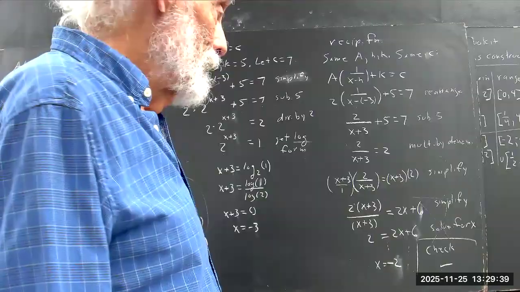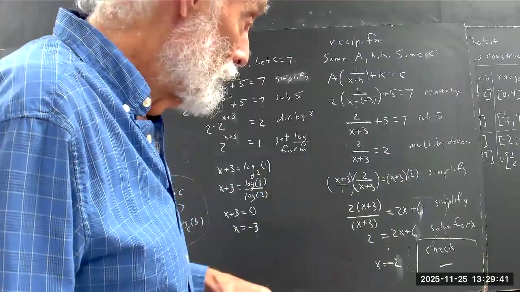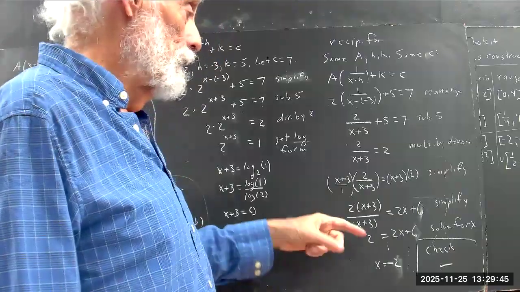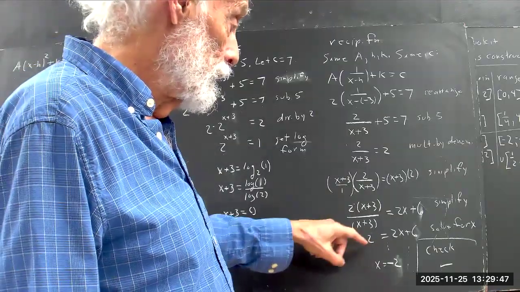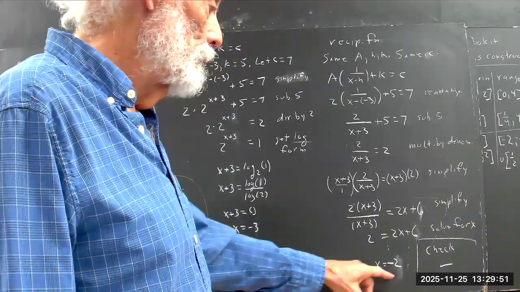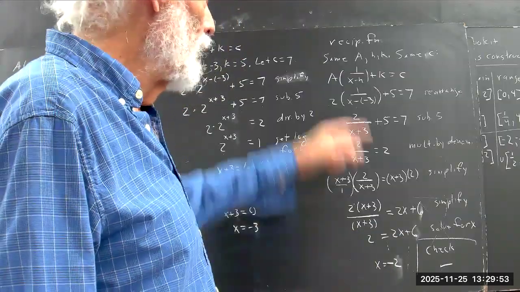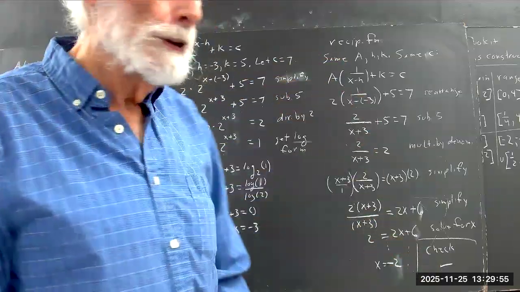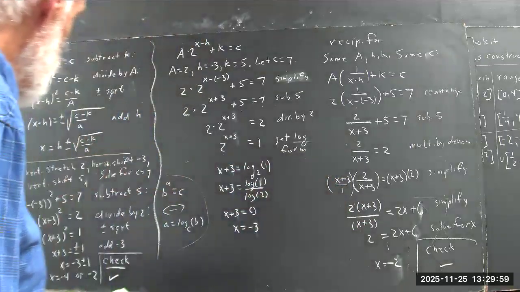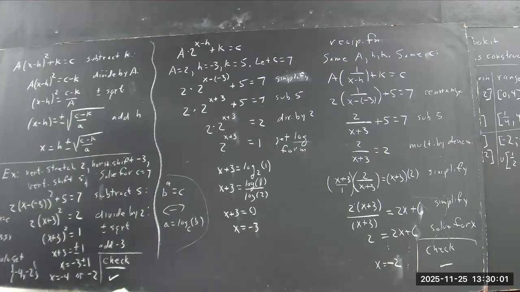Some people know that, but some people are still shaky with it. So I don't like to start crossing things out. Anyhow, we've got 2 equals 2x plus 6. And we solve that, we get x equals negative 2. Plug it in up here and it checks. Okay? So that's examples of how we solve some of these equations.